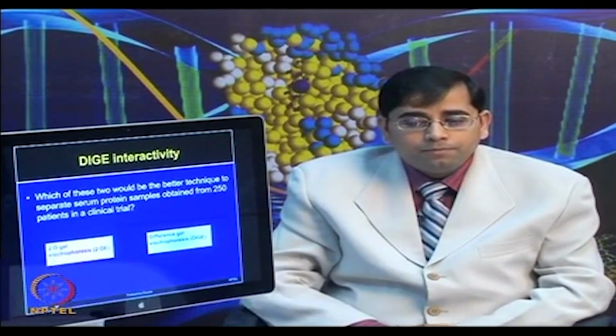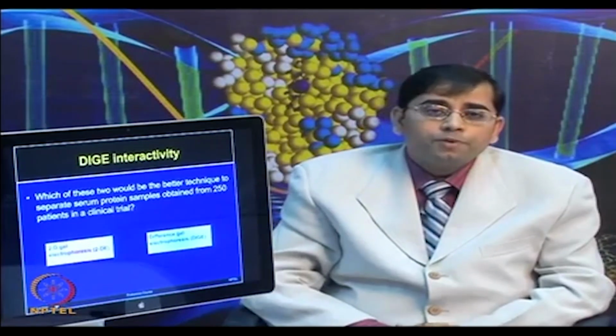Okay, so after knowing the concepts and after looking at the animation, now you should be very confident in the overall concepts related to the DIGE experiments. So, let me give you a very simple problem.